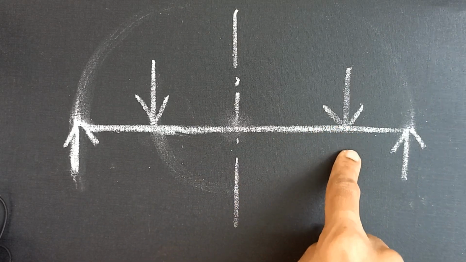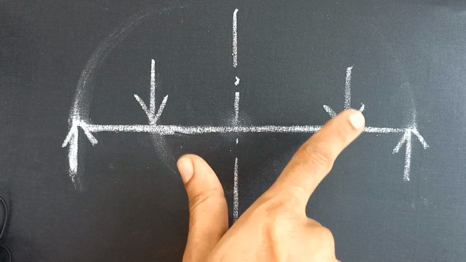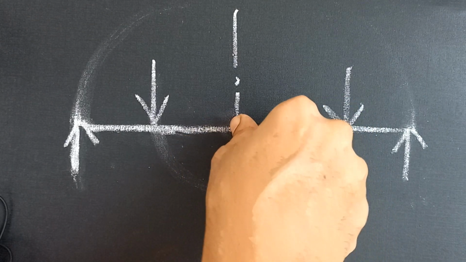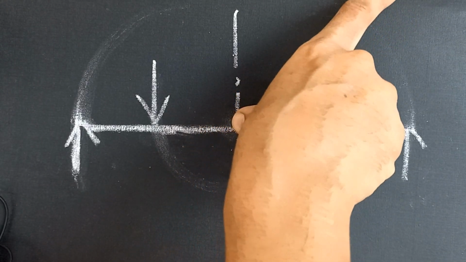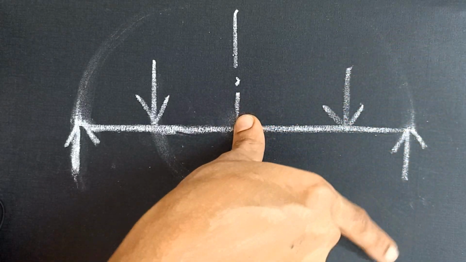Now for this load, this is on the right of the section. Keep the right finger as the moving one, the other one keep it on the section. So this is a downward force. So move it in the downward direction.